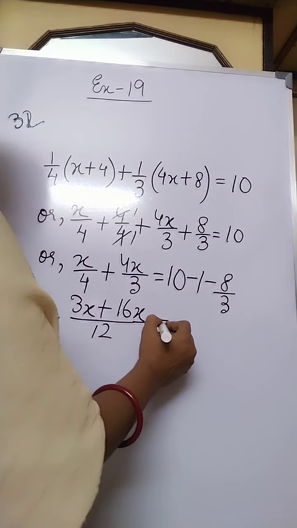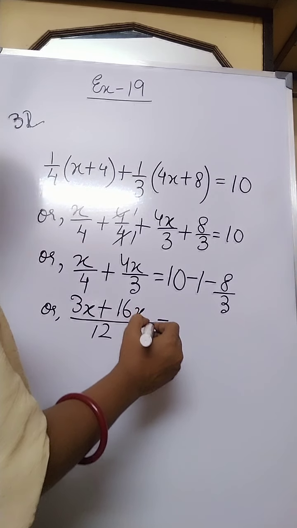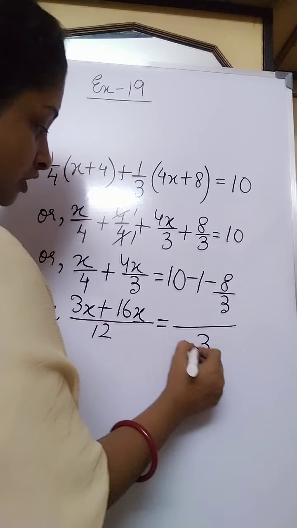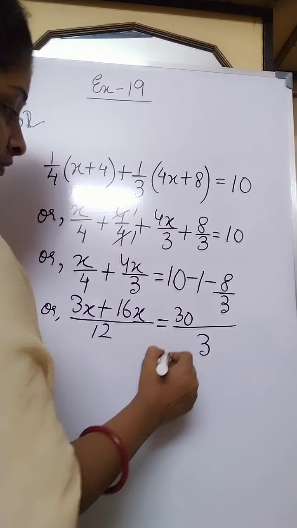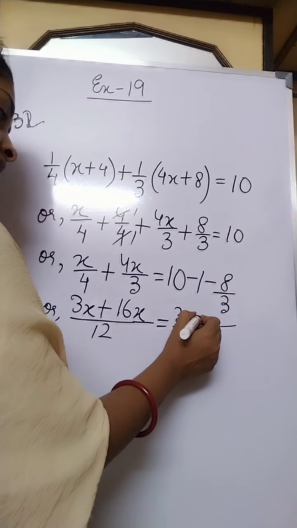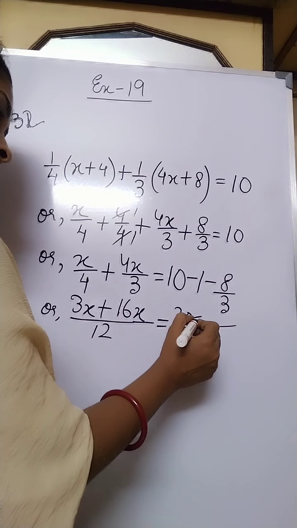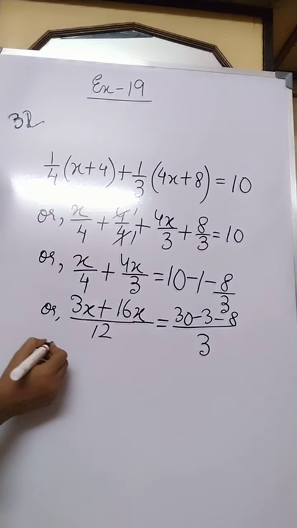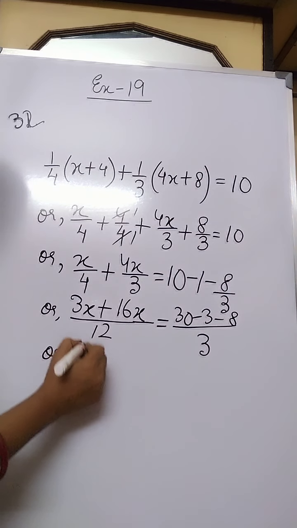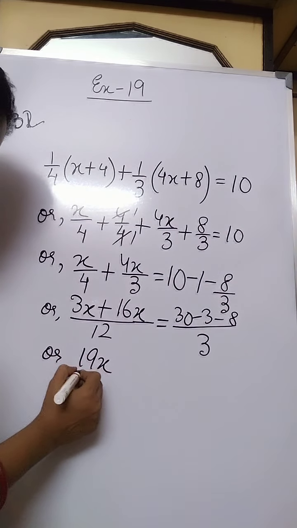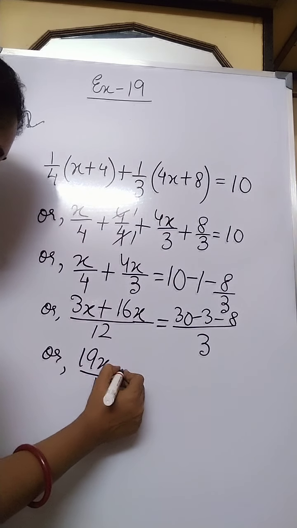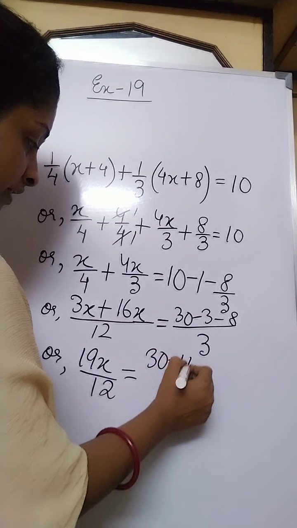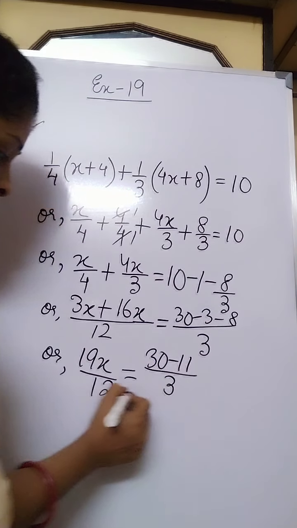Now here it will become 3 as the denominator. 30 minus 3 minus 8, or 19x by 12 is equal to 30 minus 11 by 3.